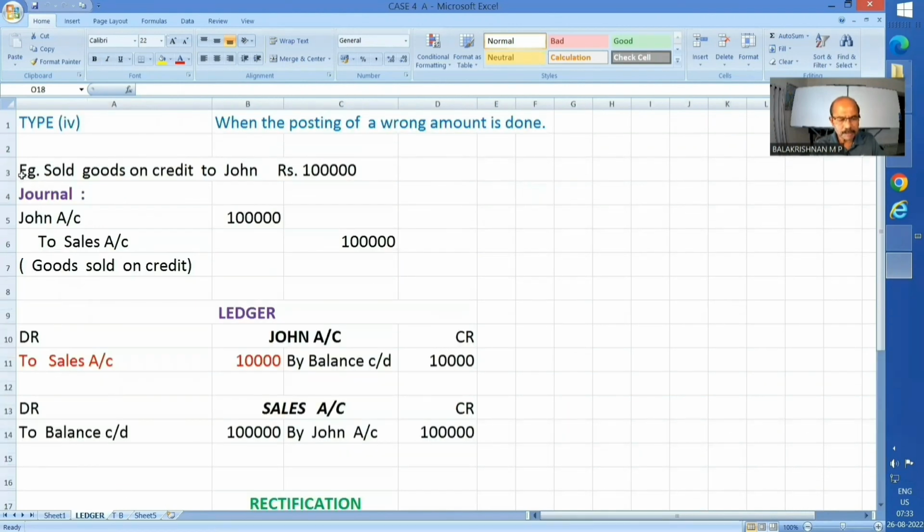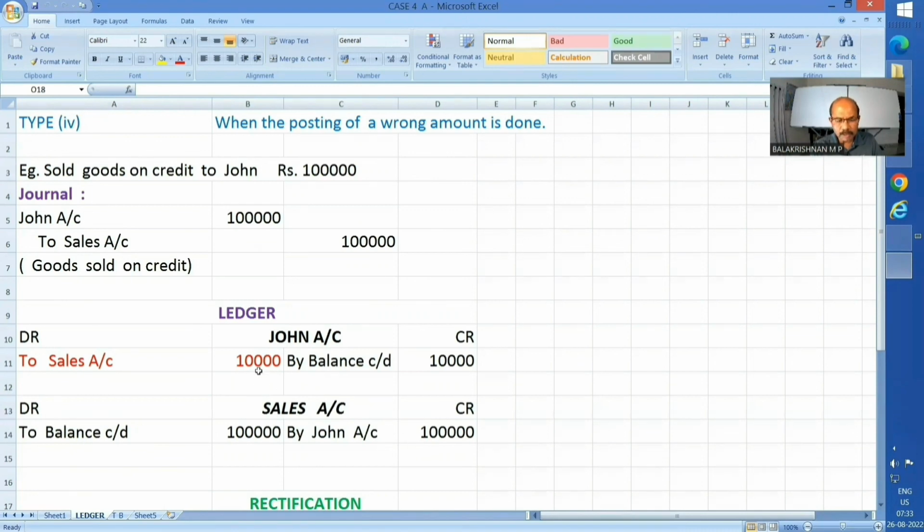For this purpose, let me recall this very transaction already explained previously. Sold goods on credit to John, rupees 1 lakh. The journal entry has to be John account 1 lakh to sales account 1 lakh. If we properly post John account to sales 1 lakh, I told you we assumed it has been posted by mistake as 10,000. Sales account, of course, has been correctly done by John account 1 lakh.